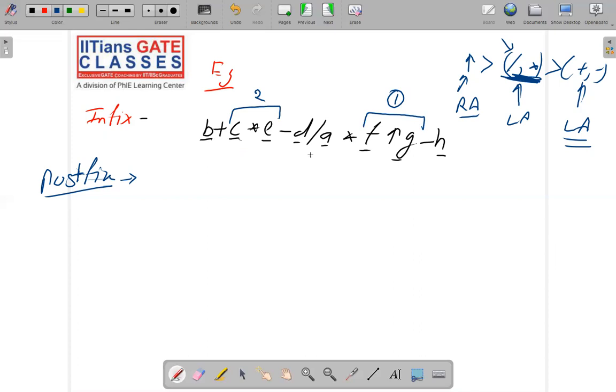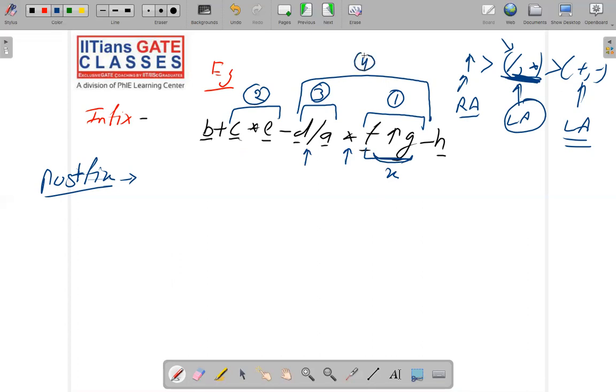Then the divide and star are coming together, like D divide A star. This is left associative, so the left operator will be performed first. So this operation will be performed third. Then whatever is the result of 1 and 3 will be evaluated in the next operation, the fourth operation.